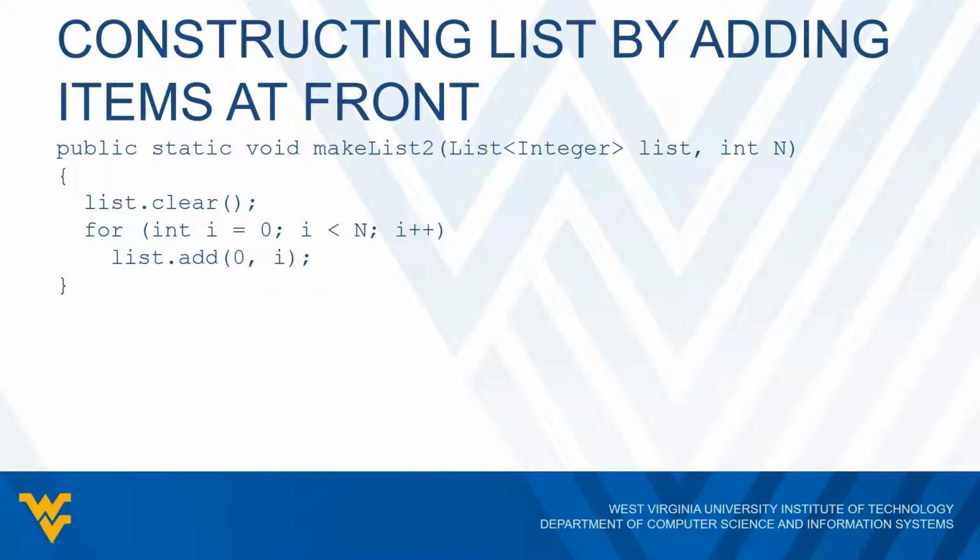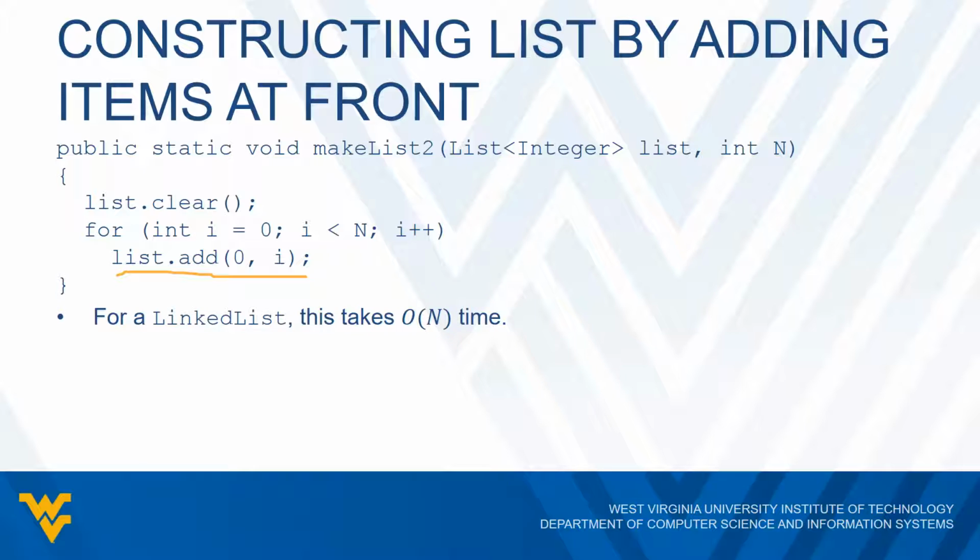Now take a look at the add method call that we have right here. We're using a different version of the add method. The first parameter tells us where we're going to add, and the second parameter tells us what we're going to add. So we're always adding i at position 0. So we're always just adding it to the front of the list, and that's how we construct our list.